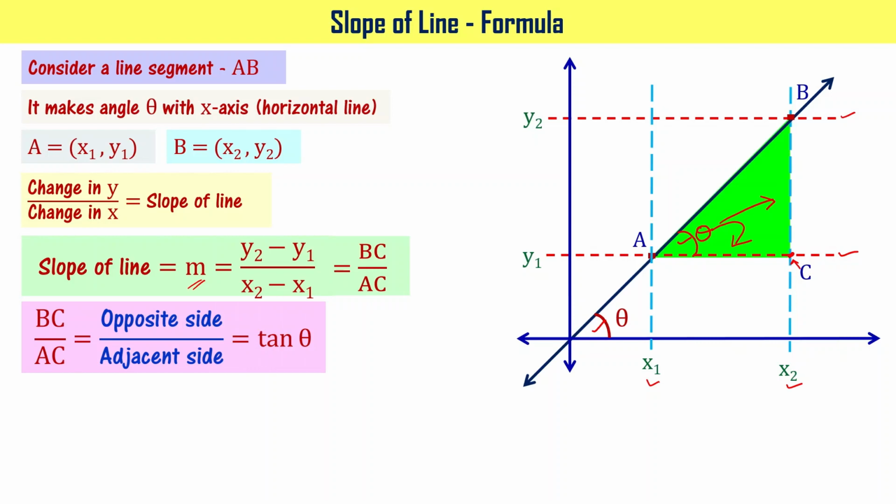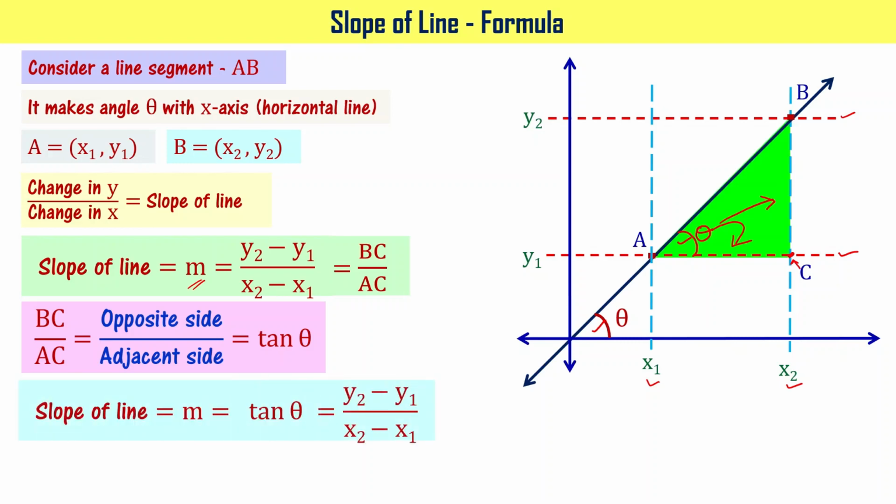Here theta is the acute angle of interest for us. That is, tan theta is defined as opposite side by adjacent side, that is equal to BC by AC. It means slope of line m is going to be equal to tan theta, right? That is equal to y2 minus y1 divided by x2 minus x1, right?